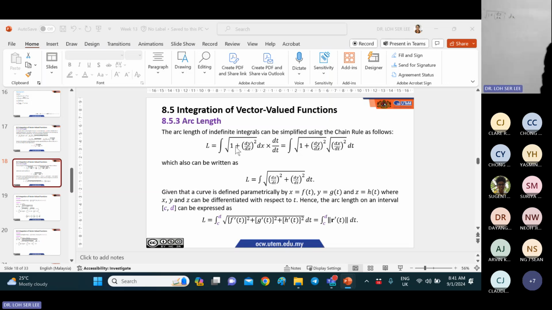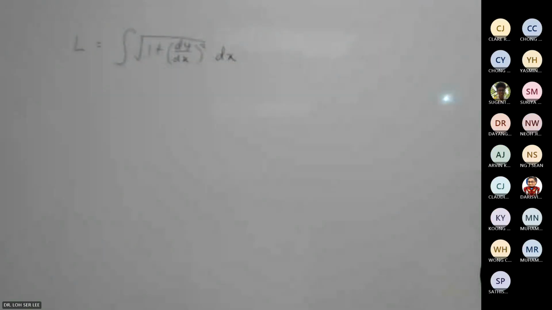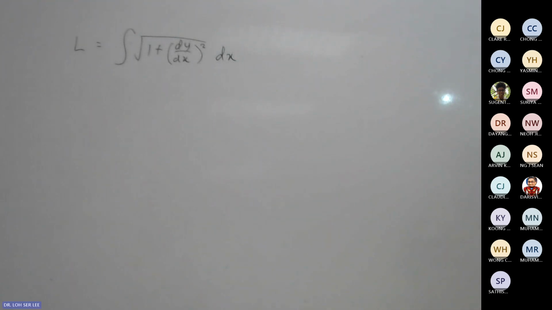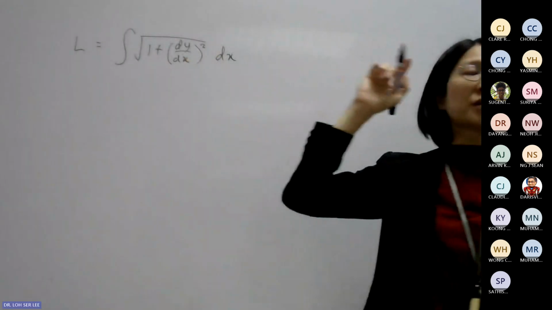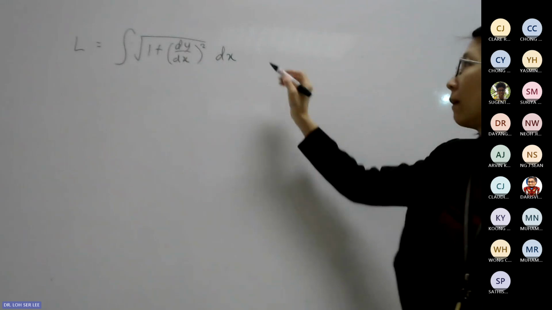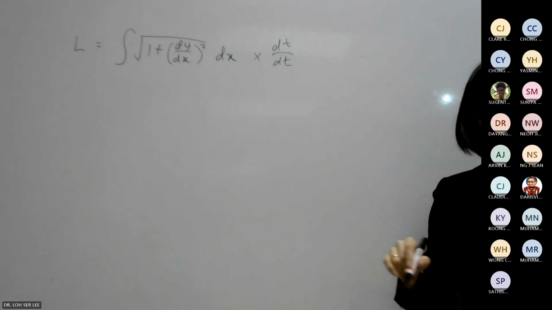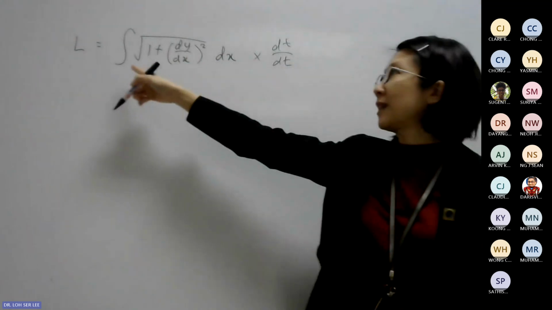This one we want to change into dt, so we multiply the dt over dt, where we do not change this thing.